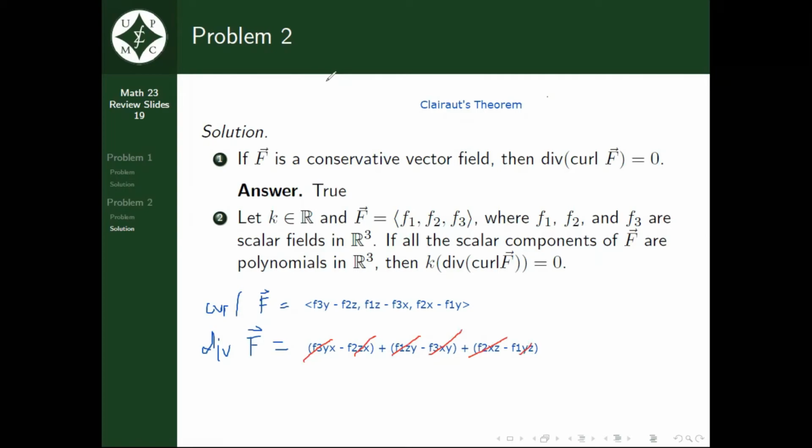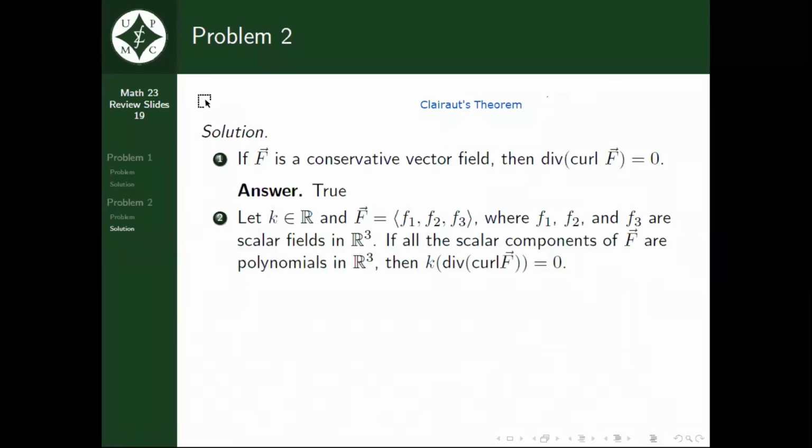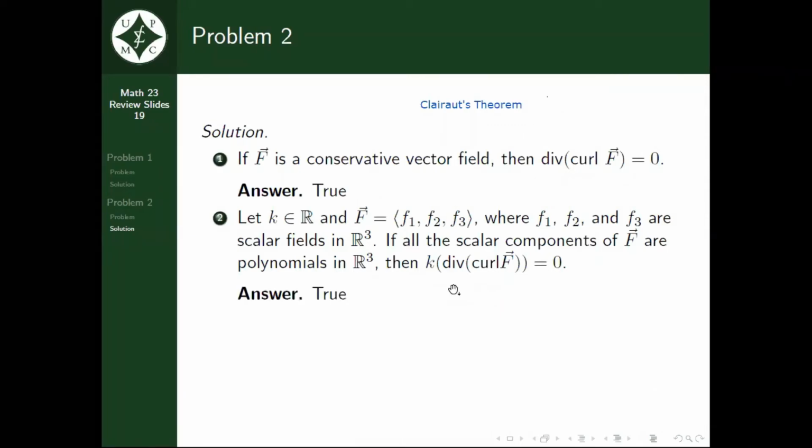So truly, this is equal to 0. The divergence is equal to 0. And then K times 0 is equal to 0 for any K. So that means statement number 2 is true.